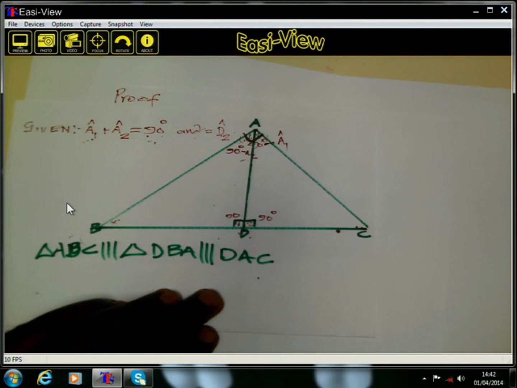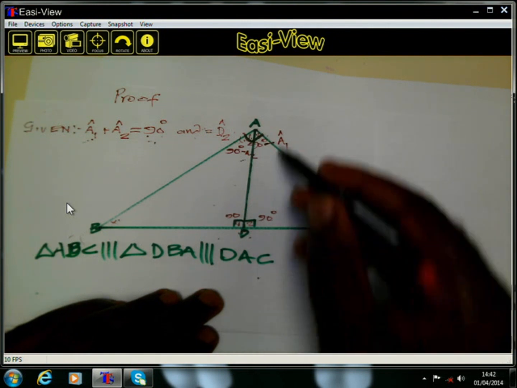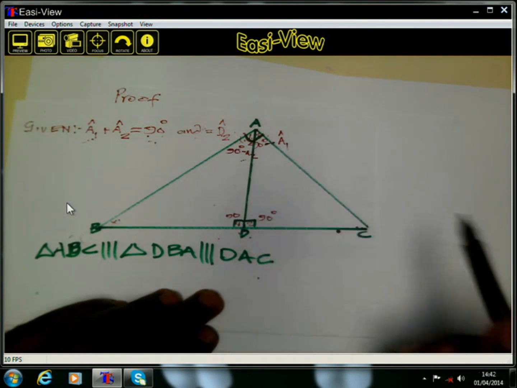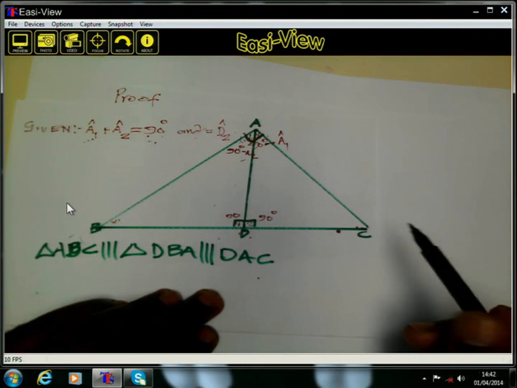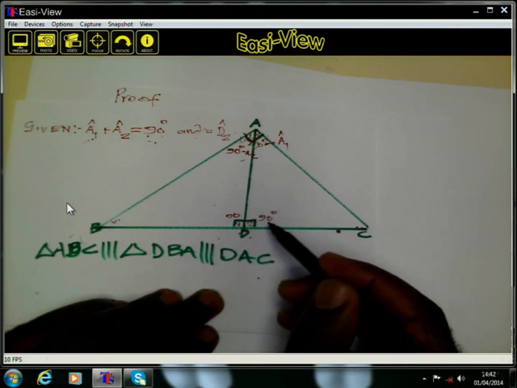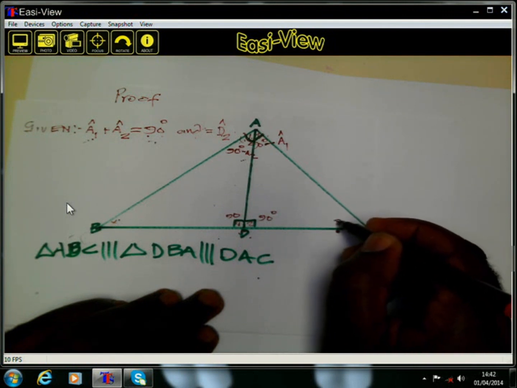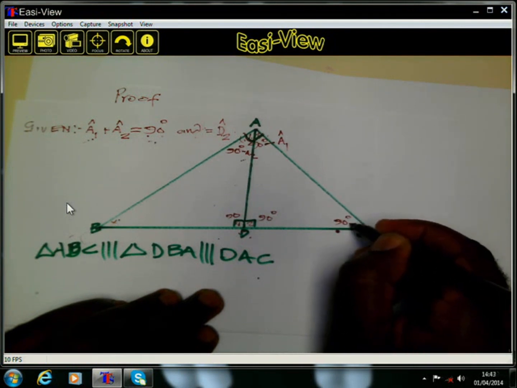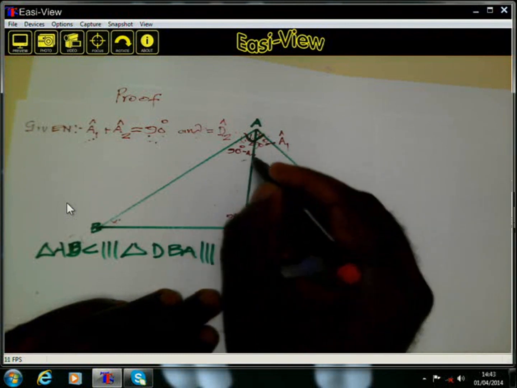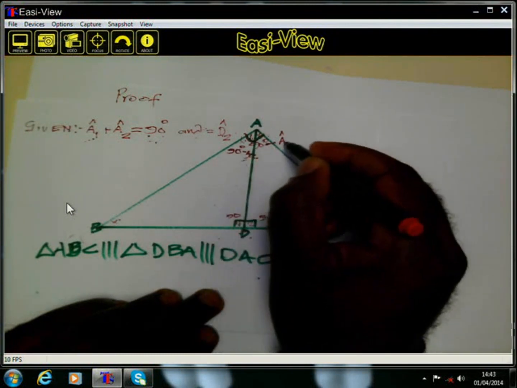Now remember, we say the sum of angles of a triangle must give us 180. If this one is 90, then it goes without saying that this one must be 90 minus X, in case you are going to use X as values there.